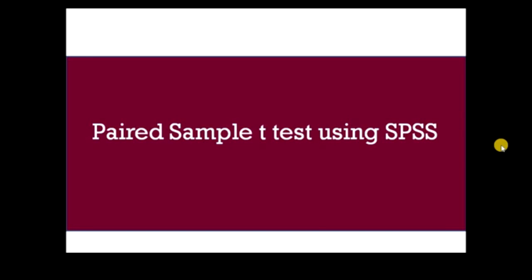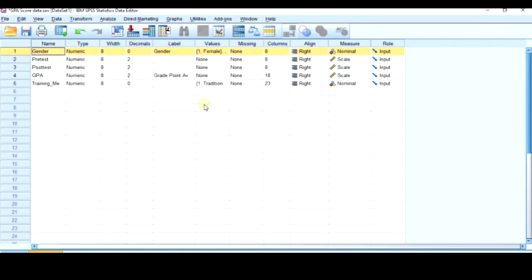I have this example GPA score data where I have two variables, pre-test score and post-test score. These two variables are scale data, and I want to know whether there is any significant difference between the pre-test score and the post-test score. So the conditions for using the paired test are that the two variables should be scale data and they must be dependent. Let us start the analysis.